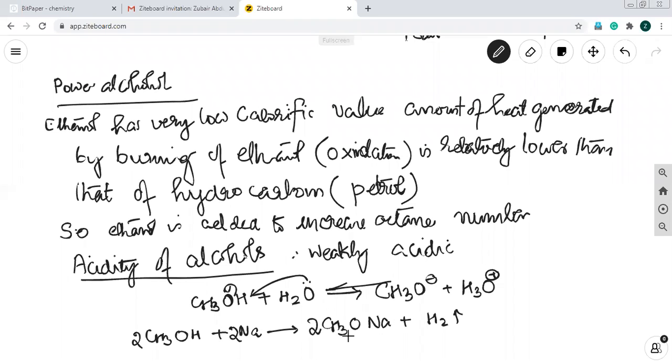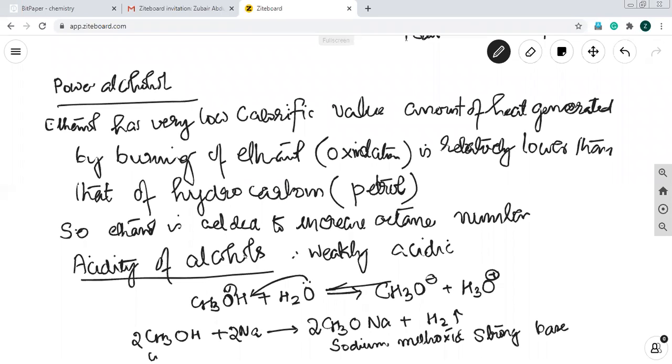This is what is called sodium methoxide. Sodium methoxide is a very strong base.